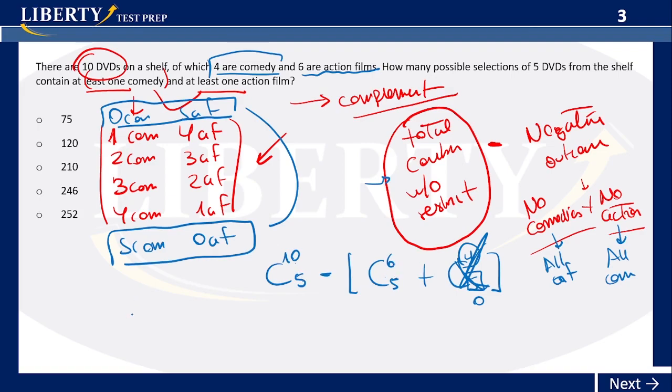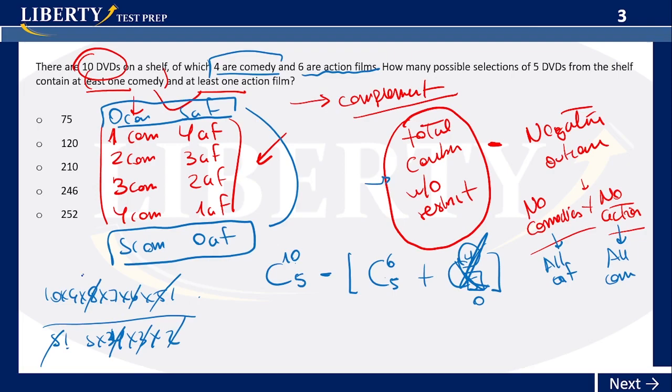So let's try to do that. Let's operate combination of 10 over 5. So you have 10 times 9 times 8 times 7 times 6 times 5 factorial, over 5 factorial times 4 times 3 times 2. Okay, 5 factorials get eliminated, 3 times 2 is 6, 4, here we get 2, 5, we get 2 also.